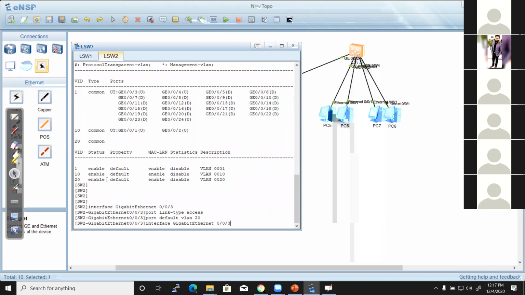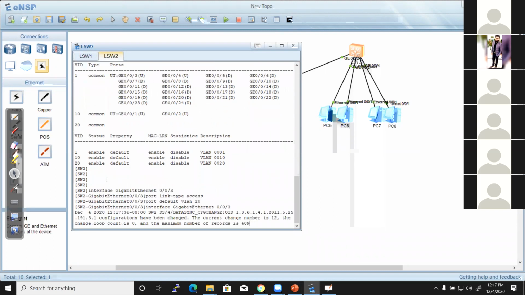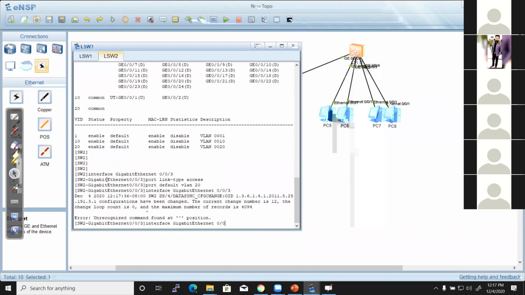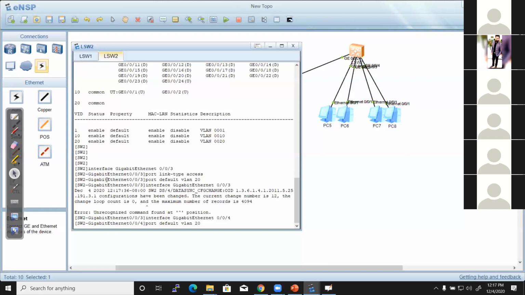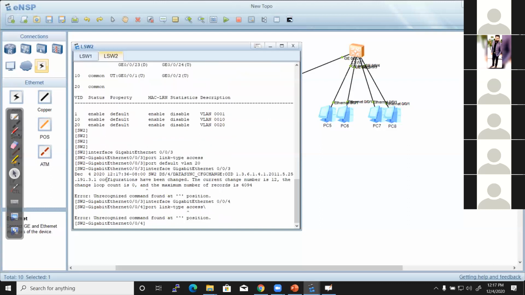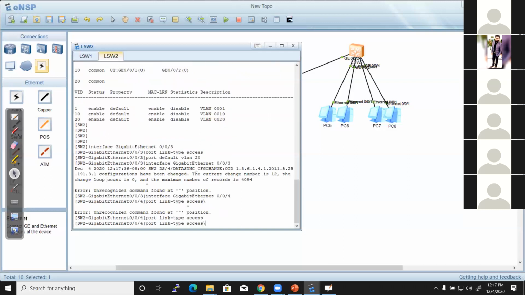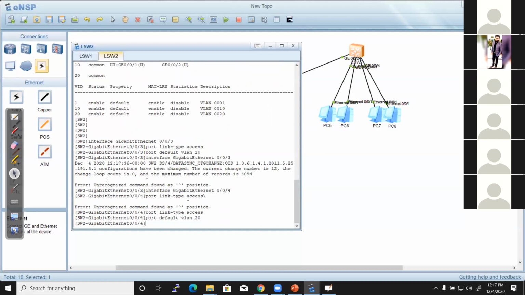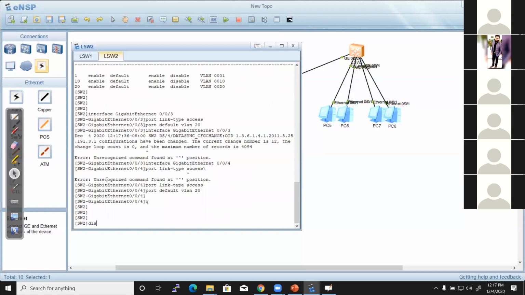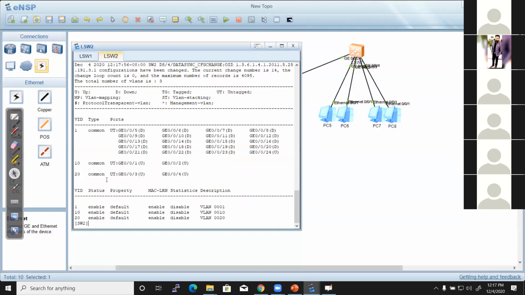And then the fourth interface 0/0/4, and port link type access, and port default VLAN 20. Display VLAN. You can see port number 3 and 4 have been mapped with VLAN 20, and 1 and 2 have been mapped with VLAN 10.